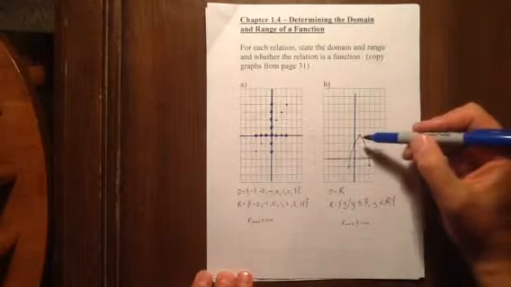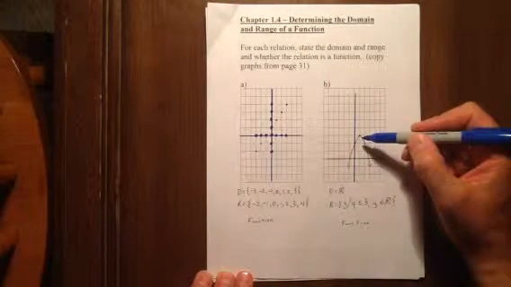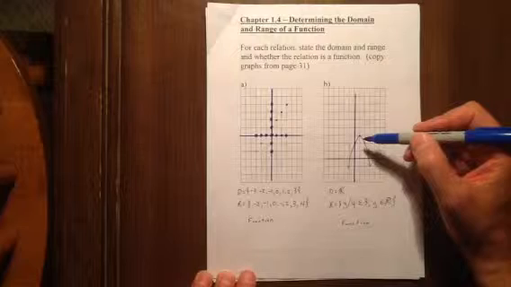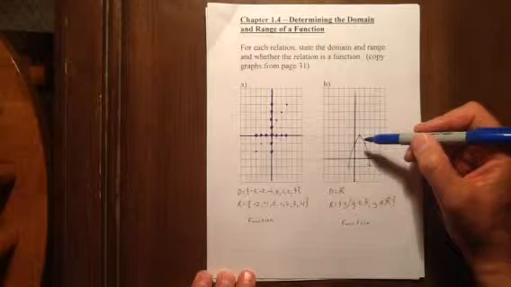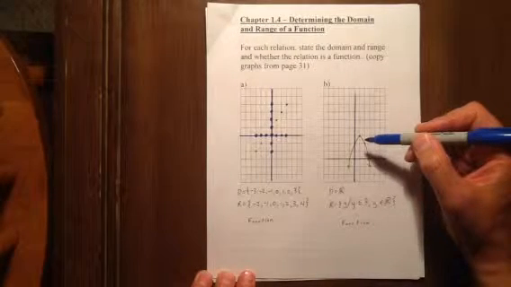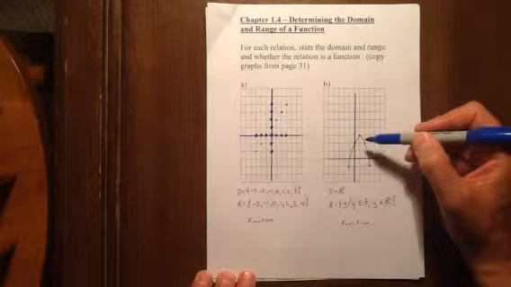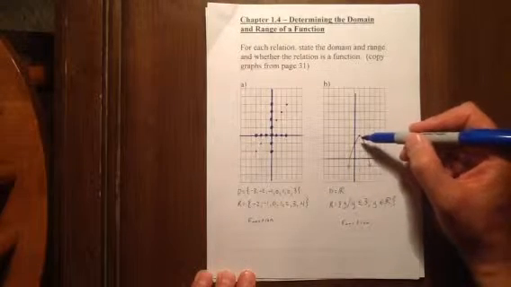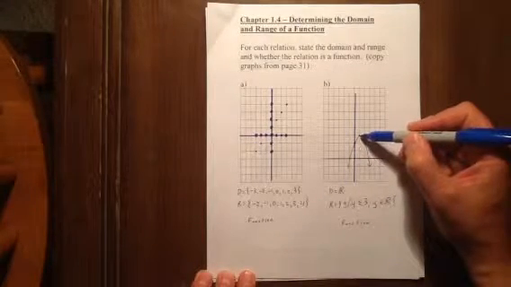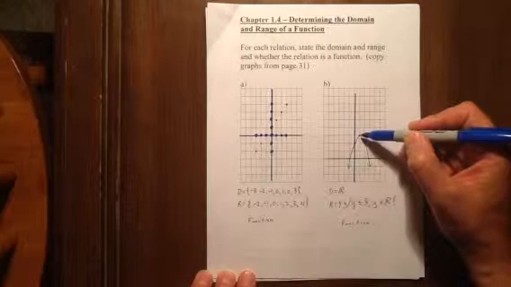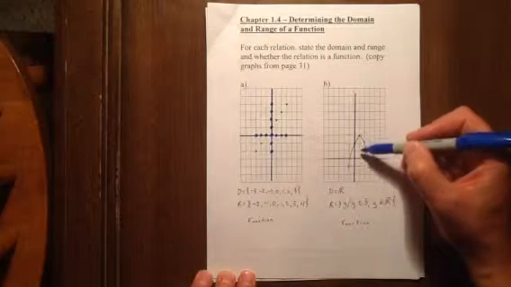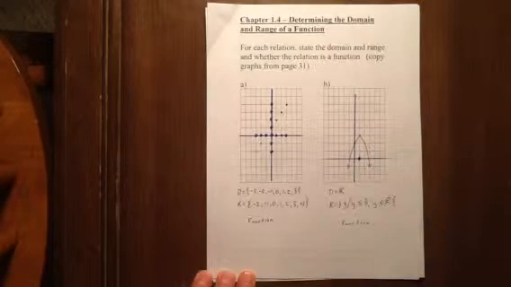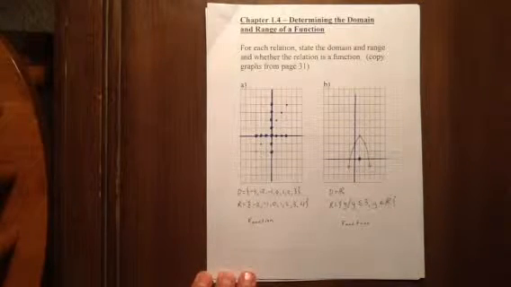Okay, we look at the next one now. This is a parabola that opens down, and so what we're going to do is first of all try to determine the domain. One way we can do this is to start at a known point, specifically the vertex, right there, and determine on the x-axis the horizontal component of that. And it would be right there on the x-axis.